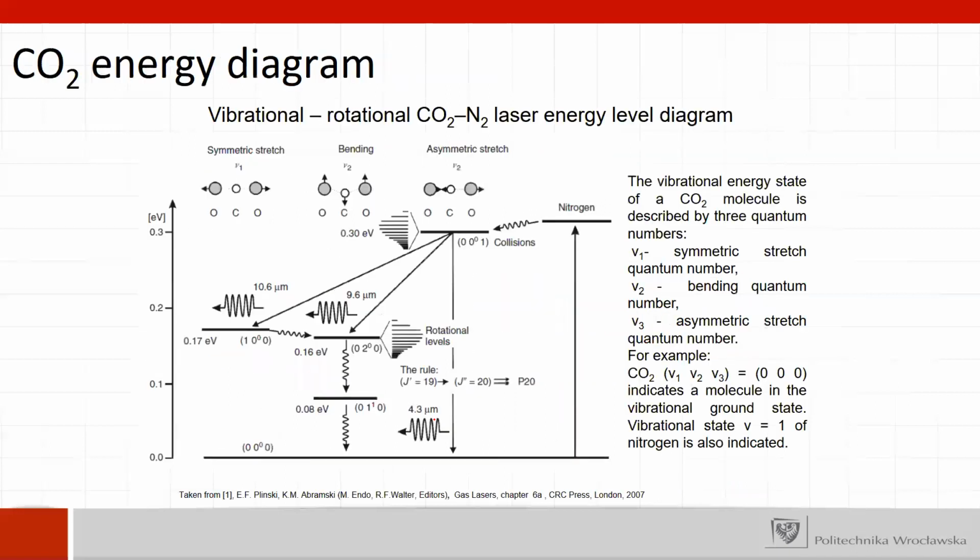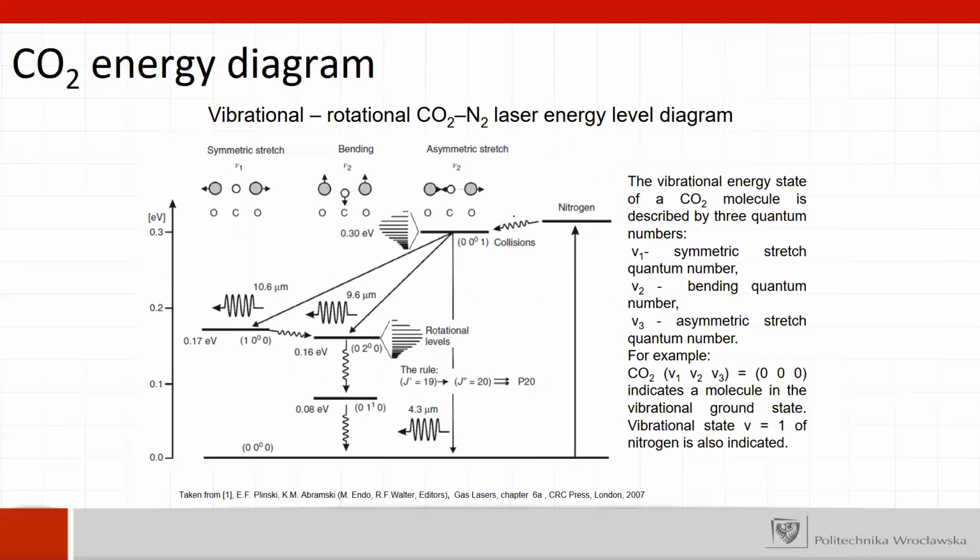So if you look at the energy diagram of the CO2, then we will have a number of energy states, which are the consequence of the fact that this molecule can move in different ways, right? So it can be stretched, bent, and so on. All these movements can store a different amount of energy.